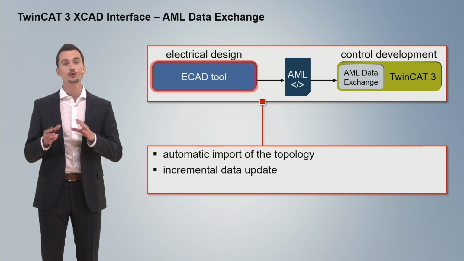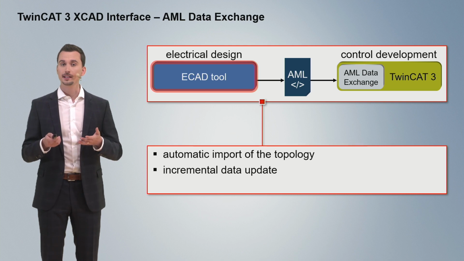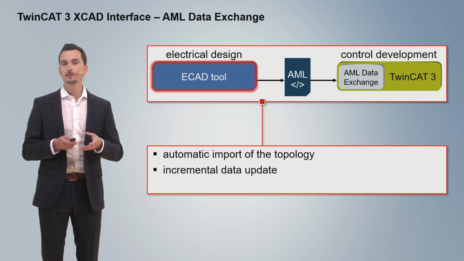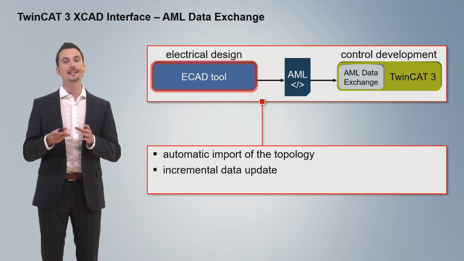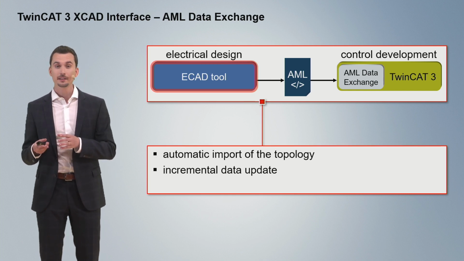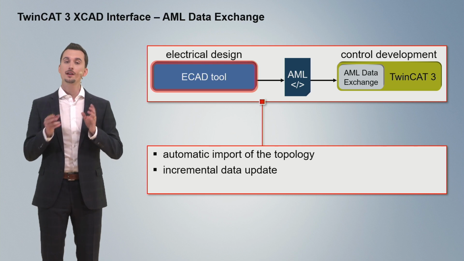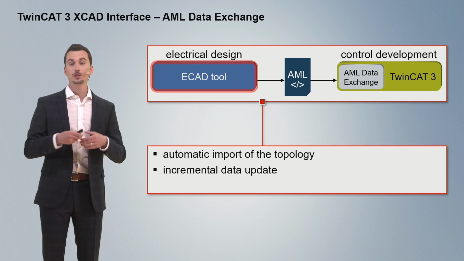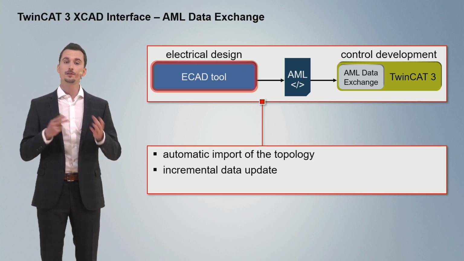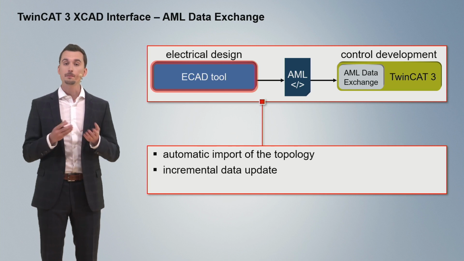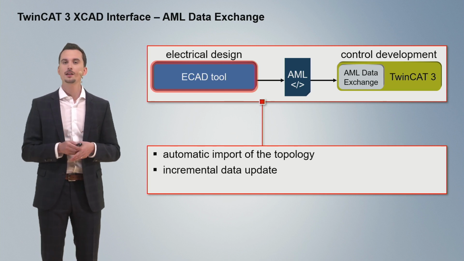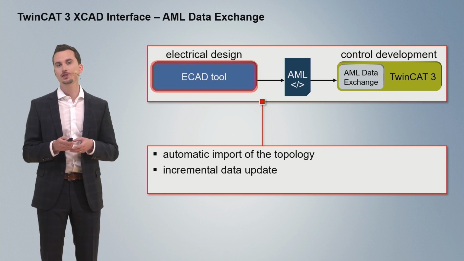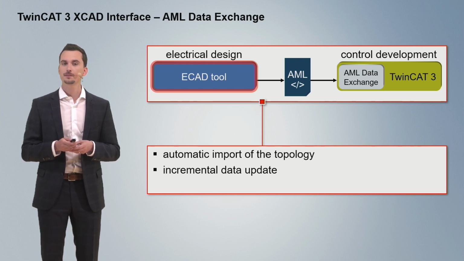If the second version is ready, simply import it again, and TwinCAT automatically starts the TwinCAT project compare tool, so you can easily compare the already existing version of your I/O topology with the new version. And you can simply decide which of the changes you would like to import into your existing project without losing any changes which you have already implemented.